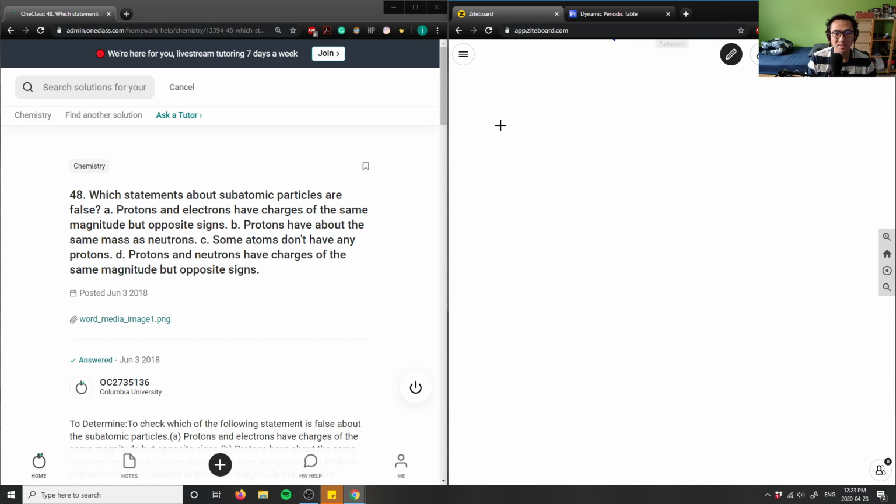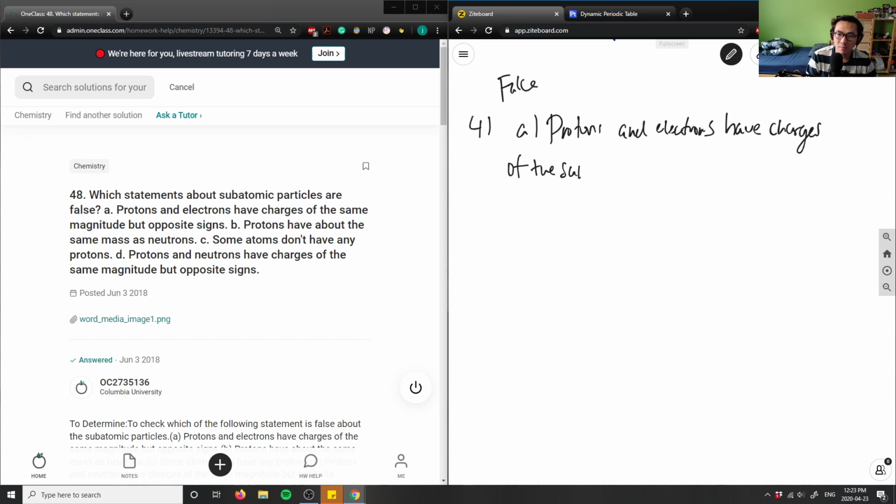It says, which statements about subatomic particles are false? Let me just write down these four statements here. A, I'm looking for the false answer here. It says protons and electrons have charges of the same magnitude but opposite signs.